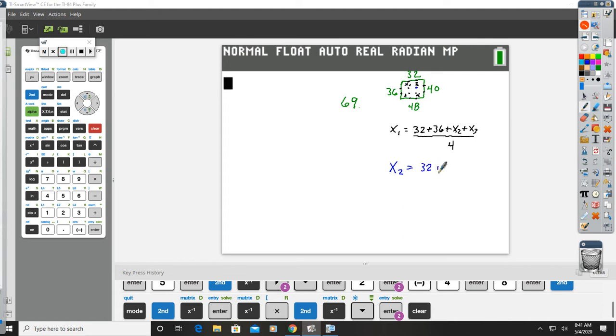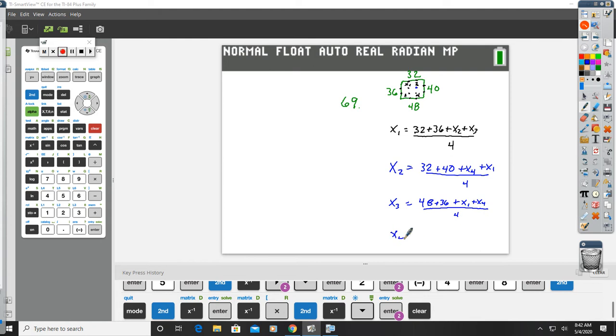This one's 40. This is x4, and x1 is across that way. And since it's the average, we divide it by 4. x3 is 48 and 36, and then x1 and x4, all divided by 4.